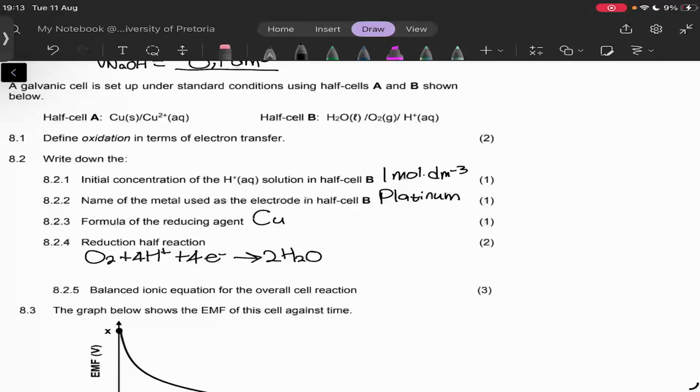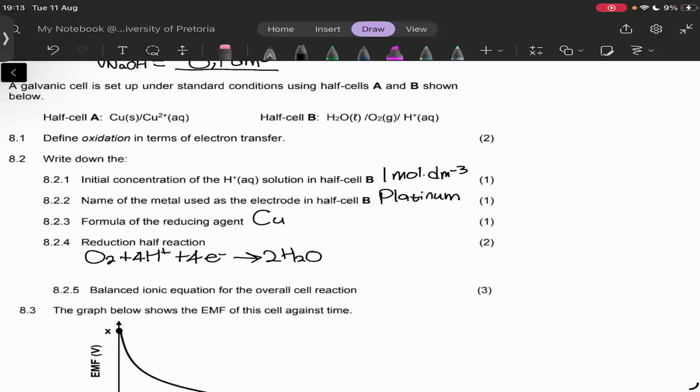Let's actually go through why exactly we have this as the reduction half reaction. Remember, the reducing agent does not undergo reduction. The reducing agent undergoes oxidation. So if you know that your reducing agent is copper, that means your reduction half reaction has to be the other thing.